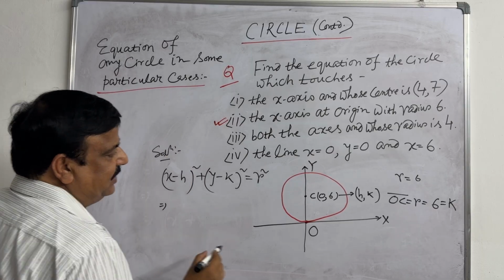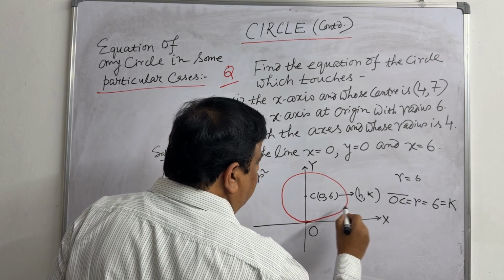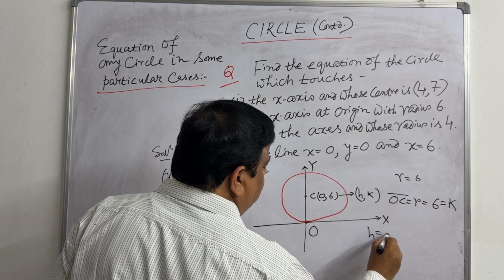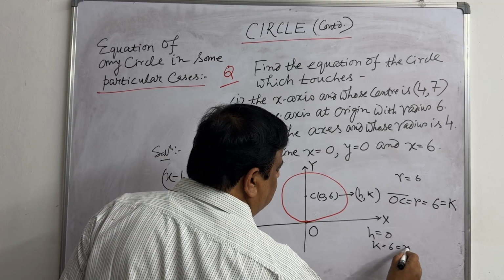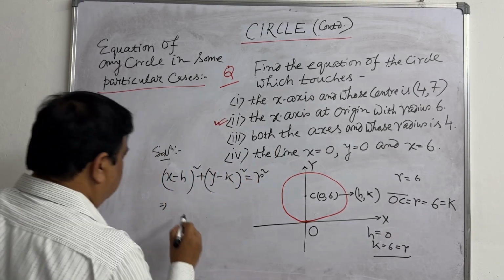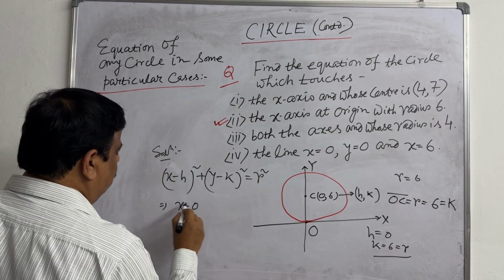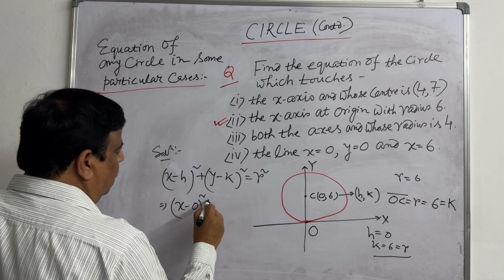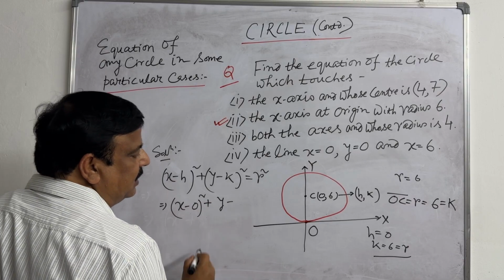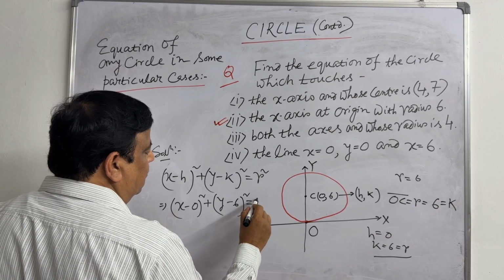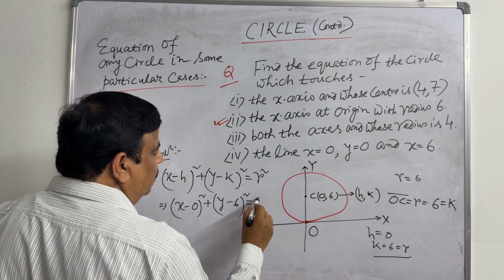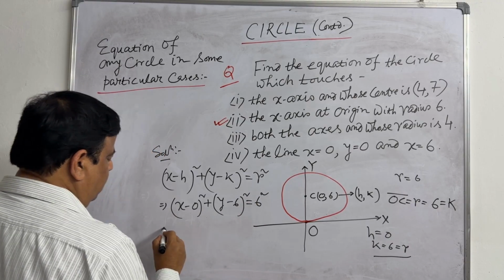So what is h here? Here h is equal to 0 and k is equal to 6, and that is equal to the radius of the circle. So x minus 0 whole square plus y minus 6 whole square, that is equal to 6 square.